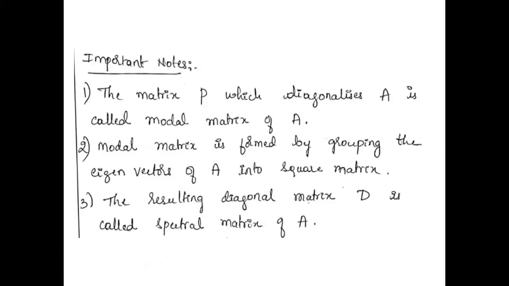How do you form the modal matrix? It will be formed by grouping eigenvectors of A into a square matrix. Point number 2 may not be very clear right now, but when we solve the problem, it should be clear. The procedure here will be to find the eigenvectors. And the resulting diagonal matrix is known as the spectral matrix of A.